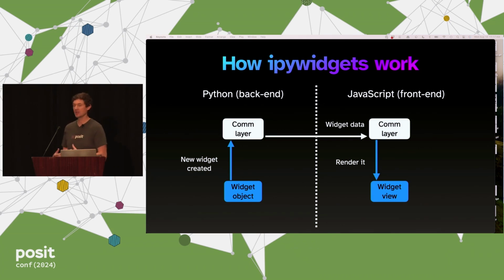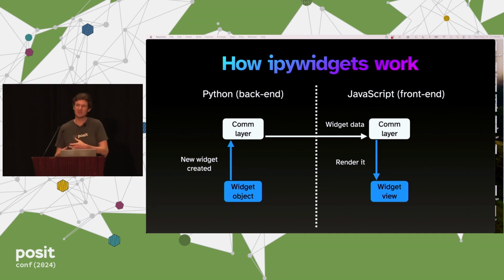Whenever you create and display a new Jupyter widget in Python, the widget object sends some data and information to what the ipywidgets developers call a comm layer, which stands for communication layer, that will orchestrate message passing in a way that will power all of the widgets necessary in a notebook.